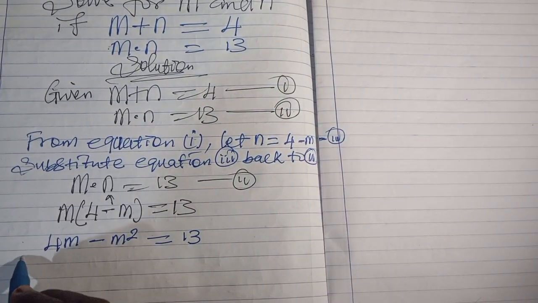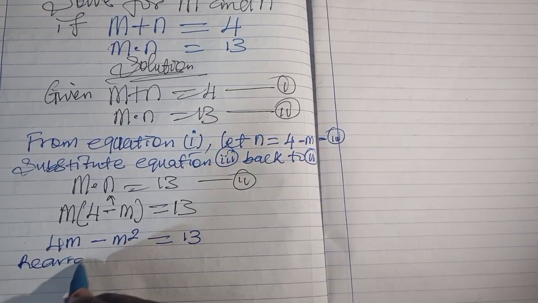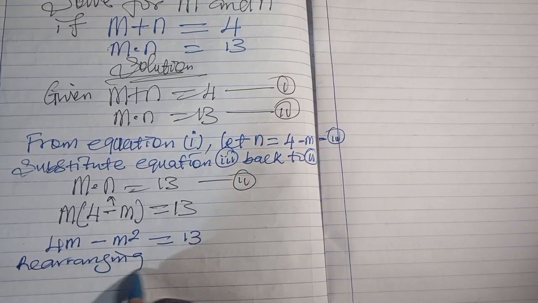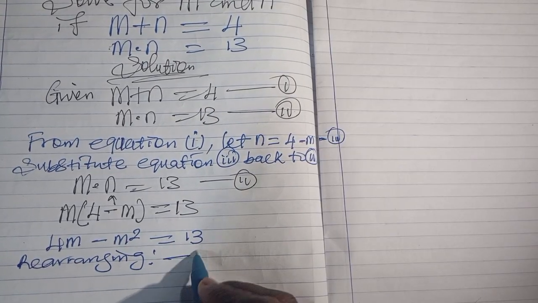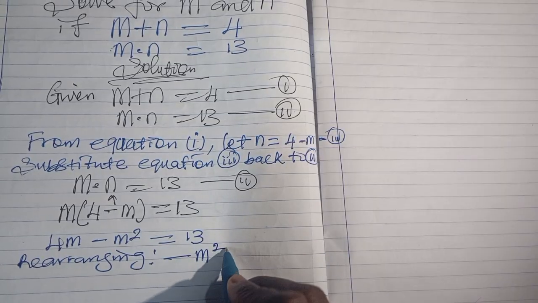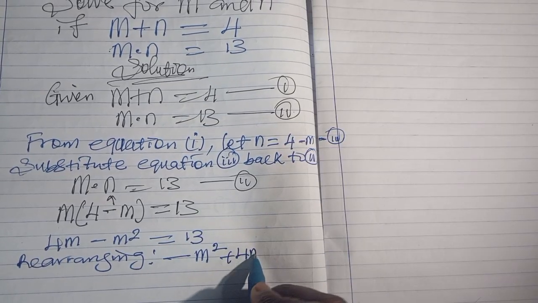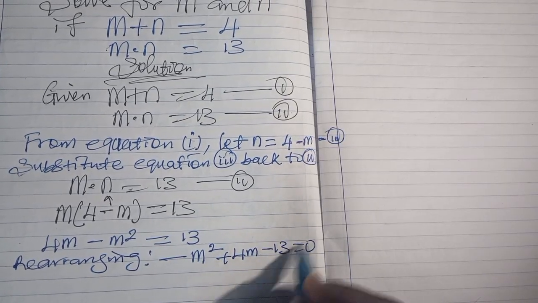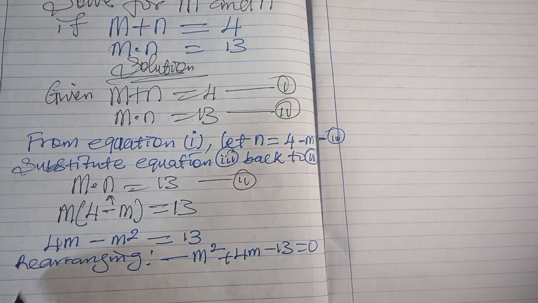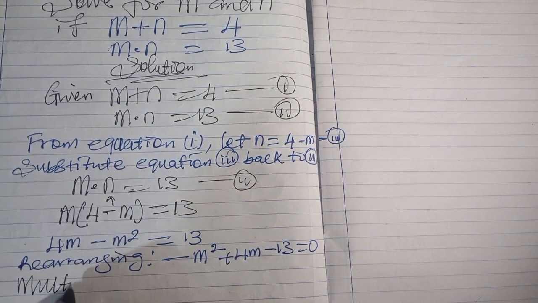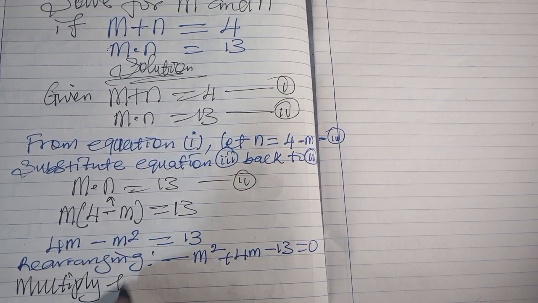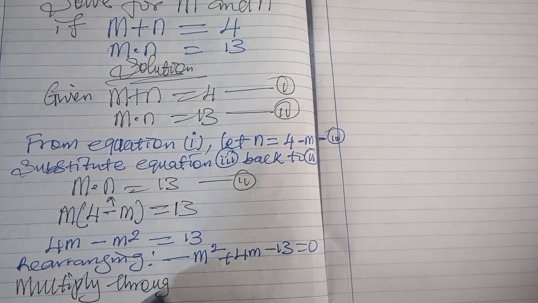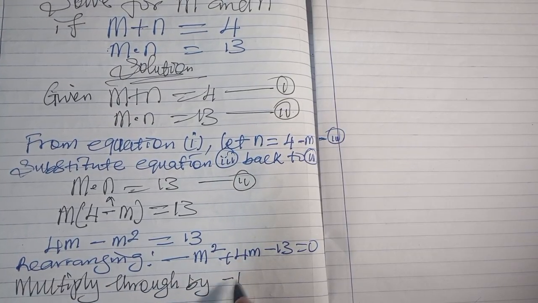Okay, rearranging, I will have something like minus m raised to power 2 plus 4m minus 13. This will give us 0. So multiply through by minus 1.